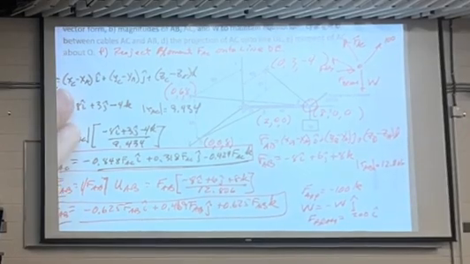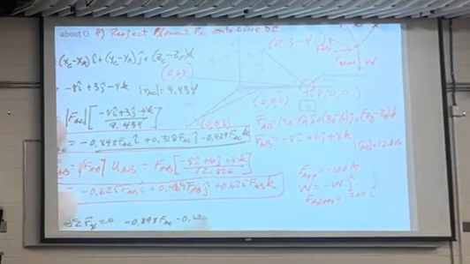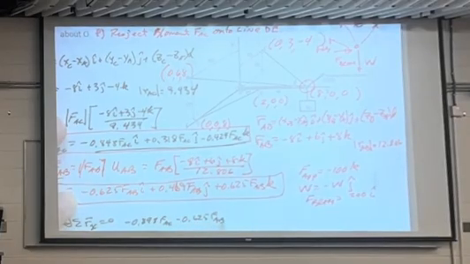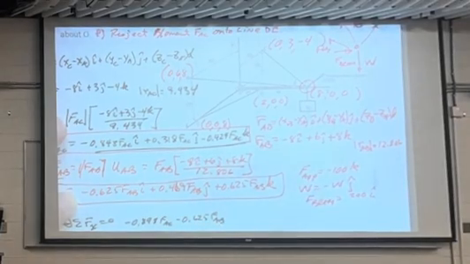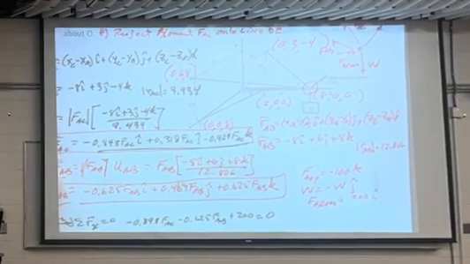Sum of the forces in the x equals 0, positive in this direction. Put all your IJs together. Minus 0.848 FAC minus 0.625 FAB plus the 200, which is the compressive load, equals 0.